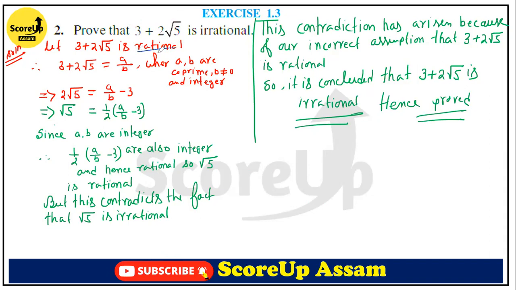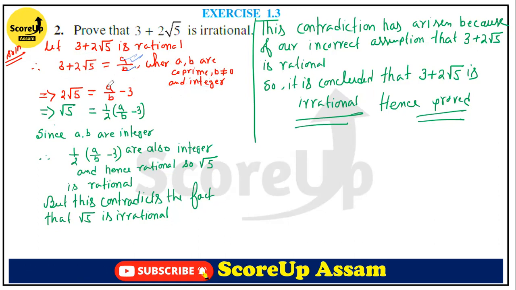Since we have assumed this is rational, we can express it as a by b, where a and b are co-prime, and b not equal to 0.